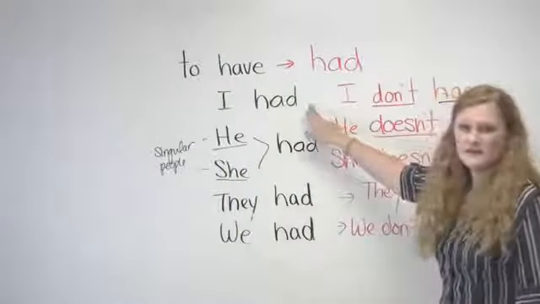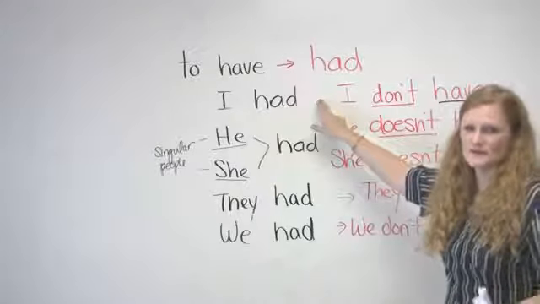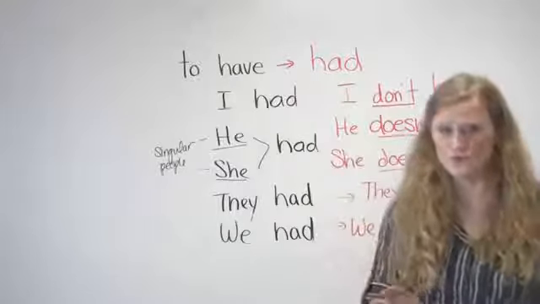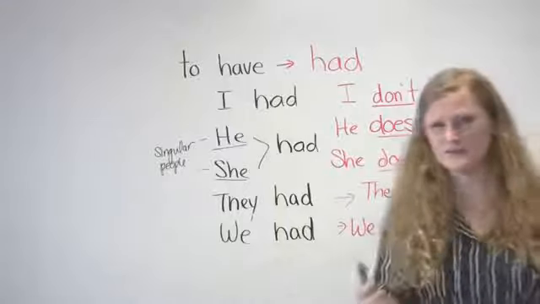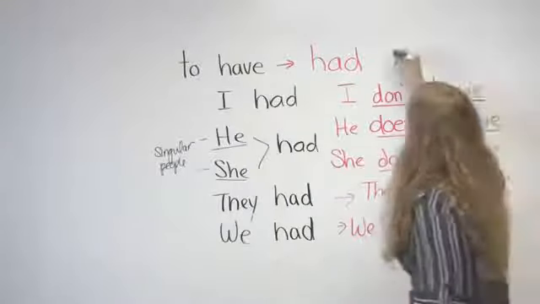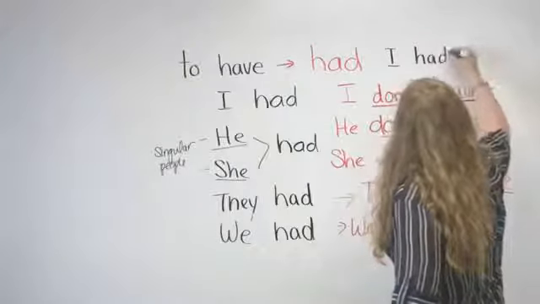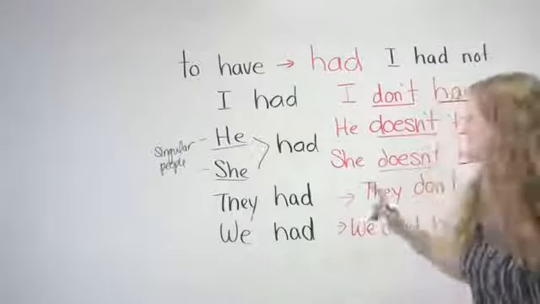When we change the past of had into the negative is where it becomes a little difficult. Back in old school English, and I think a lot of the times in British English, you can say, I had not.